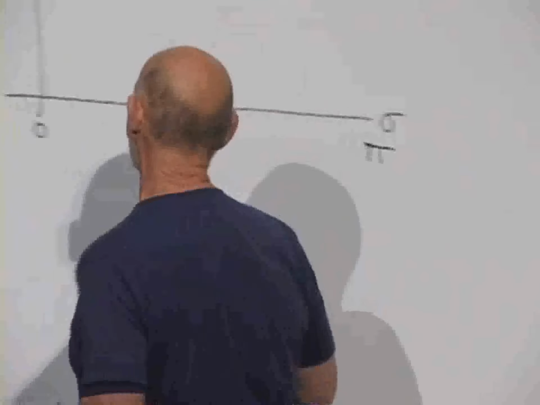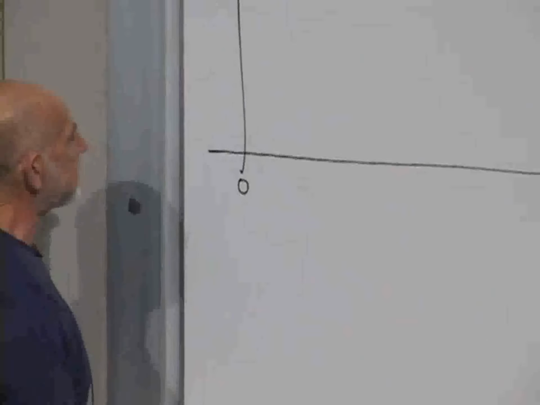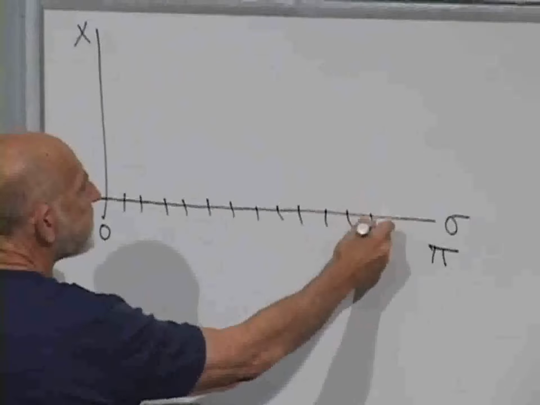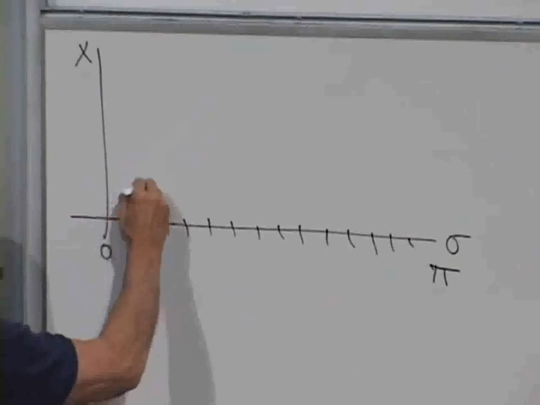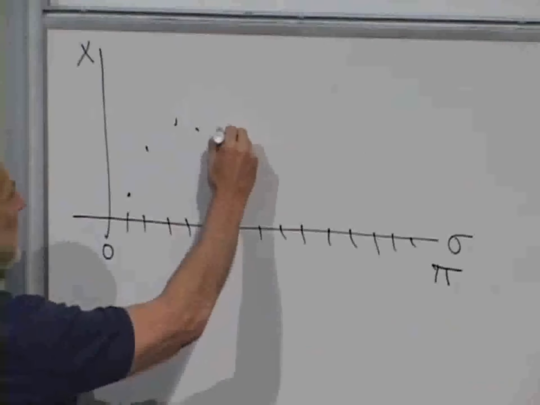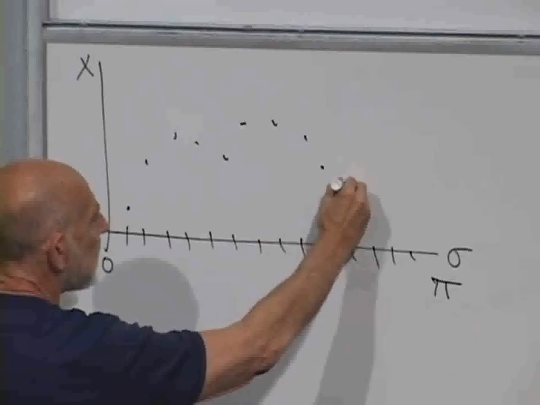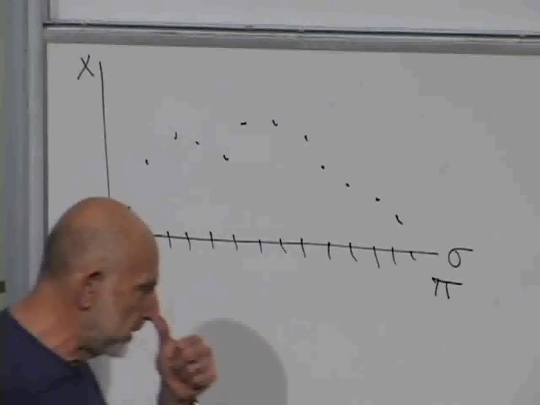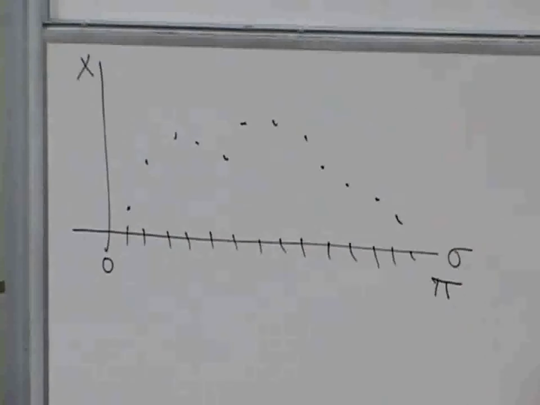Well, I want to approximate a continuous function by a discrete function, and eventually make my description better and better by filling in the axis with more and more points. That's what calculus does for you.